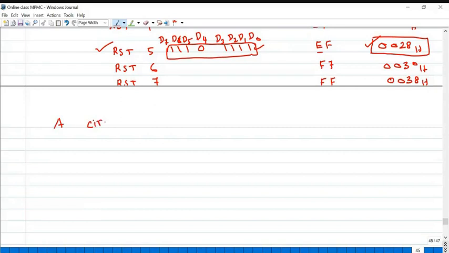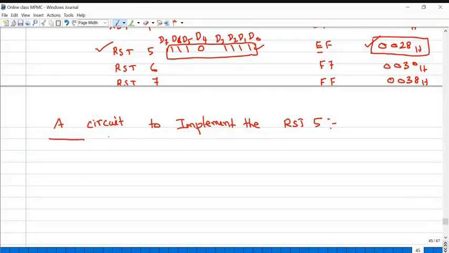Internal circuit, okay. Circuit to implement RST5. Assume the INTR line is high. The processor detects that an interrupt is received in the pin INTR, so it disables the interrupt flip-flops.